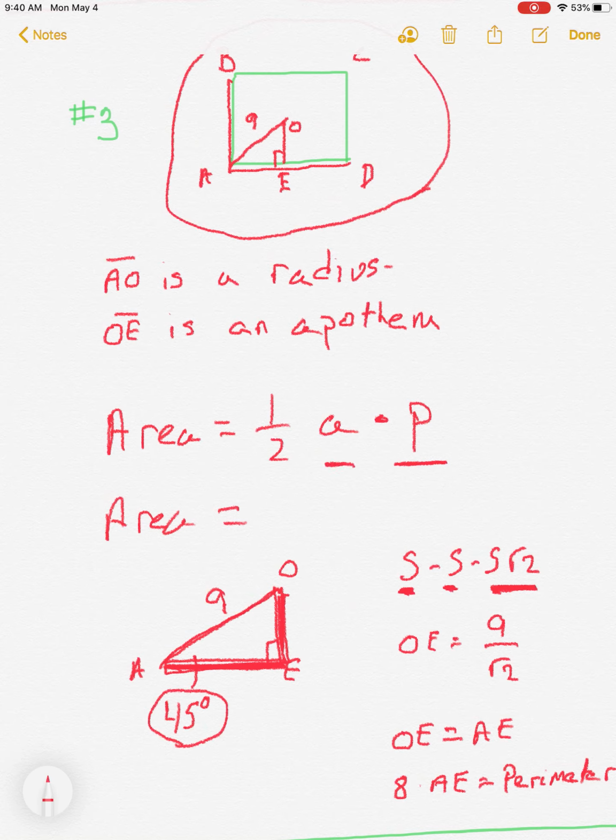So I'll go back to my formula. I'm going to take 1/2 of the apothem, which I found by taking 9 divided by the root of 2, and then multiply that by 8 times OE, which is the same length as 8 times AE, which is the perimeter. I'm going to multiply those two together to get my total area.